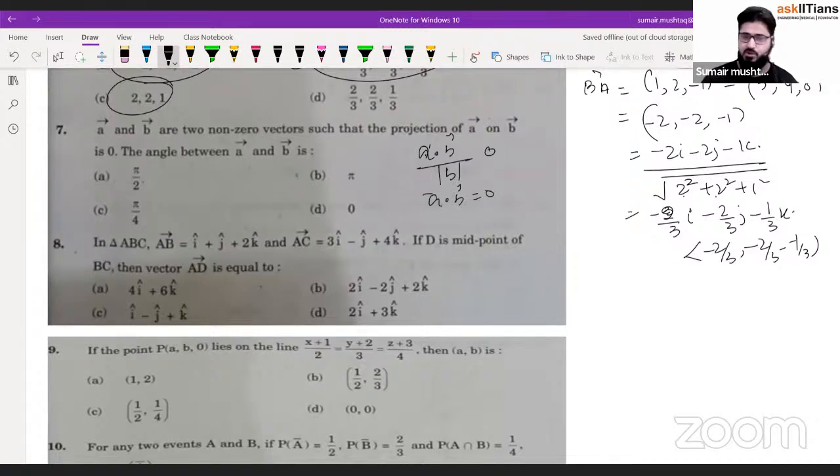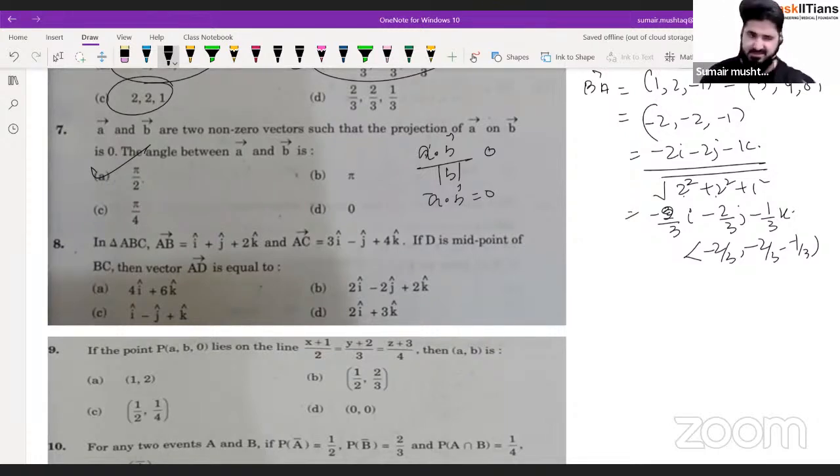Simple property of the dot product: the dot product of two vectors is equal to 0 if they are perpendicular to each other. If they are perpendicular, what will be the angle between them? 90. Simple.